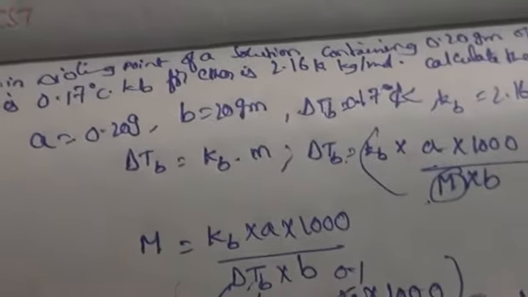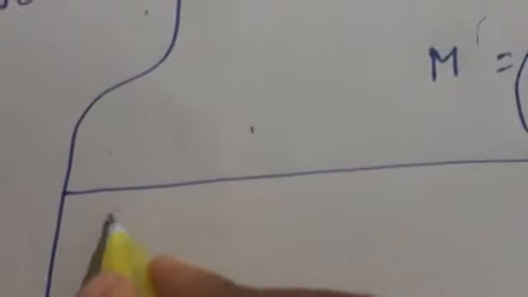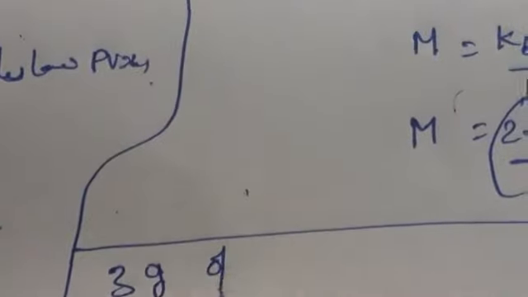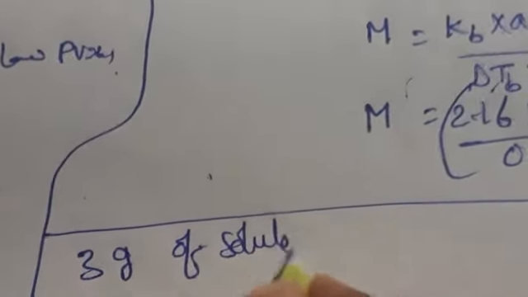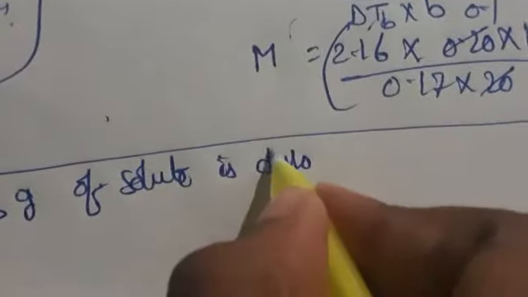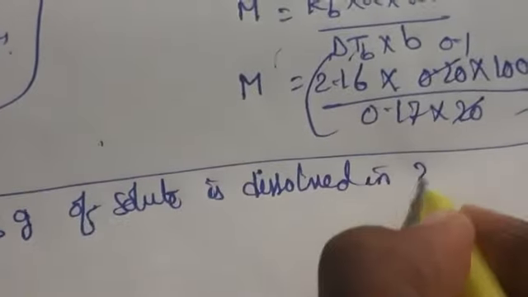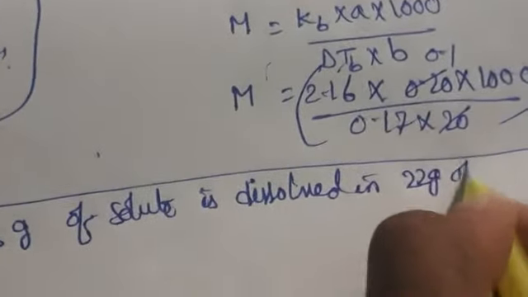Now let us see one more problem, on depression in freezing point. See here, 3 grams of solute is dissolved in 22 grams of water.